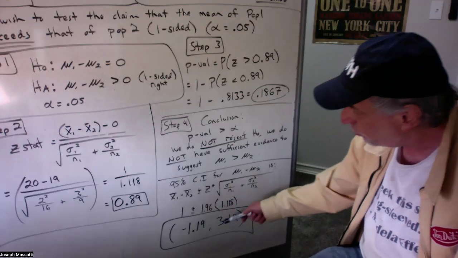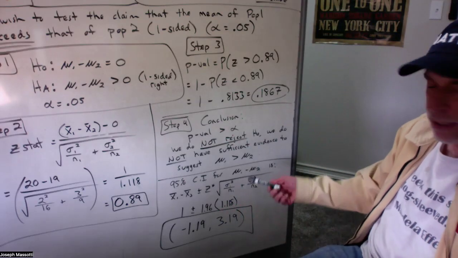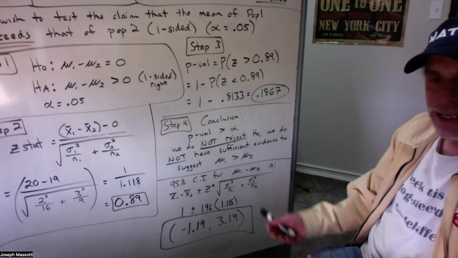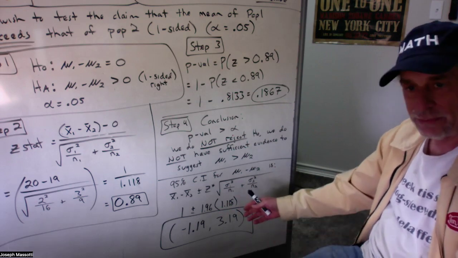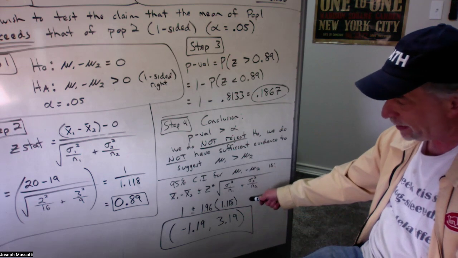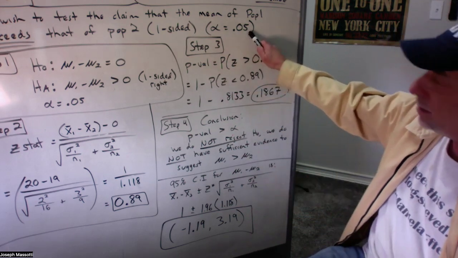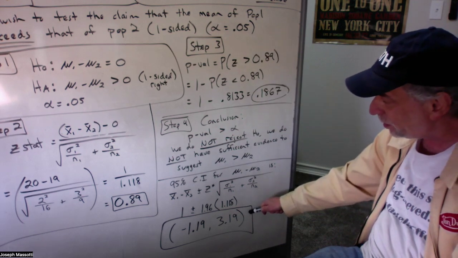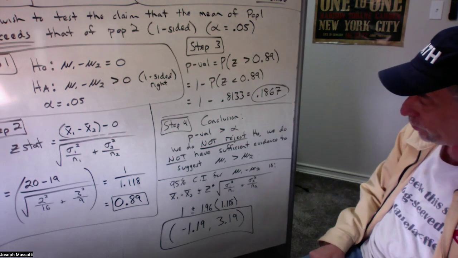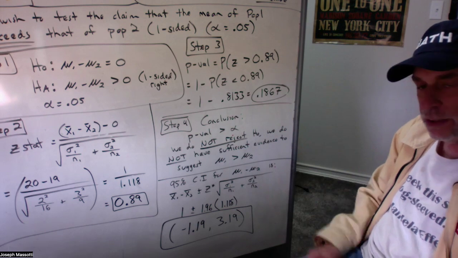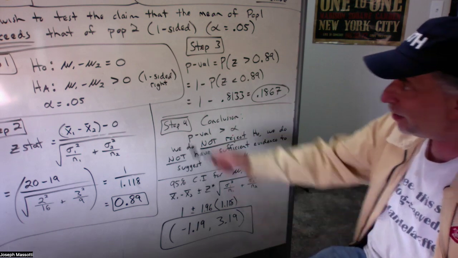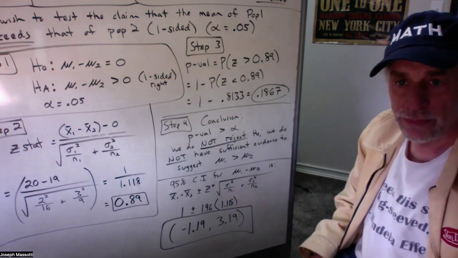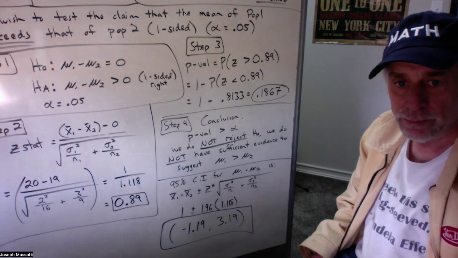If 0 is in the interval, then you have no evidence that there's any difference at all at this confidence level. A 95% confidence level is the same as an alpha level of 0.05. So if 0 is included in the interval, then at a 5% level, there's no evidence to suggest anything other than that there's no difference between the two population means.